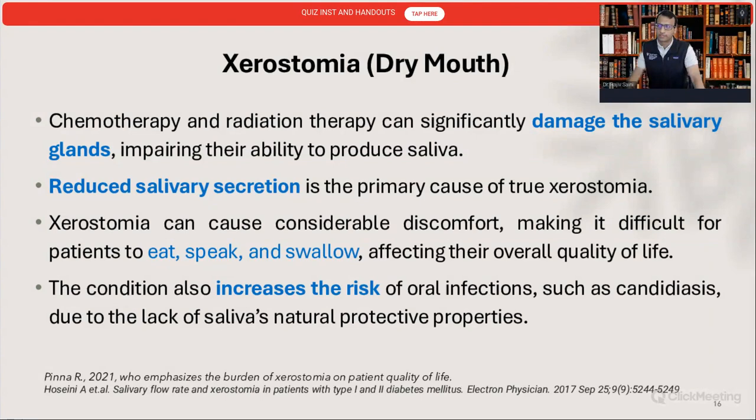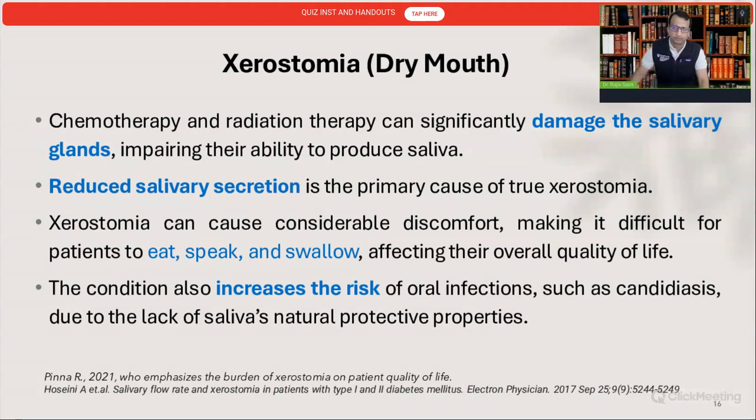The second most important feature in the clinical picture that we can see among the oral side effects is xerostomia. In general, normal unstimulated saliva flows in the range of 0.3 to 0.5 milliliter per minute. But when it drops to 0.1 to 0.2 milliliter per minute, the patient begins to experience the symptoms of xerostomia.